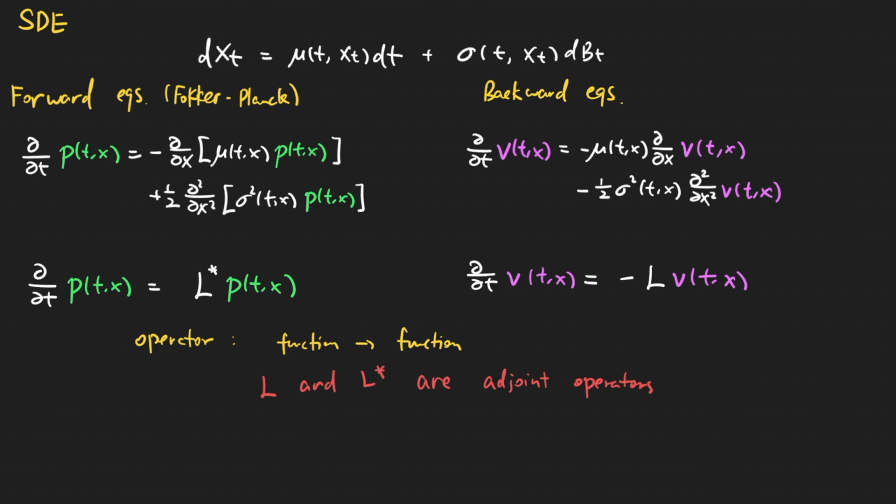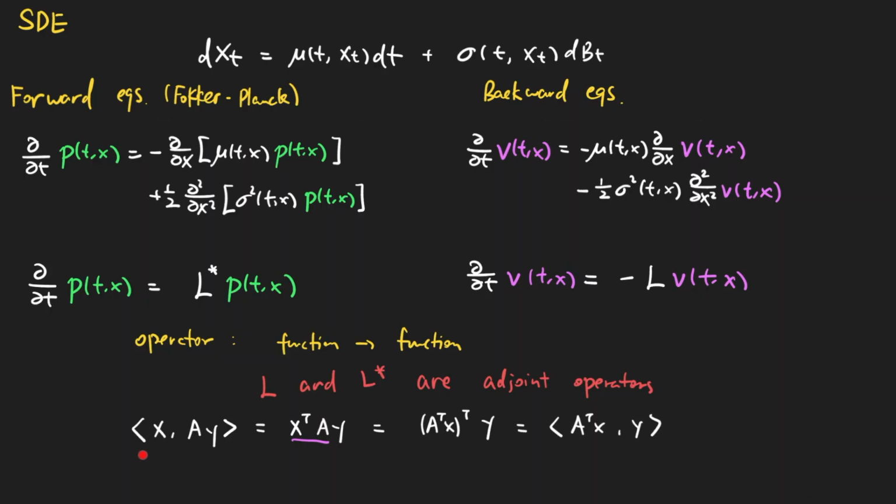So suppose we have two vectors x and y. Let's say the inner product between x and A times y equals x transpose A y. The idea is that if we combine the x transpose with A, we will have A transpose x, transpose, y, and that equals the inner product between A transpose x and y.